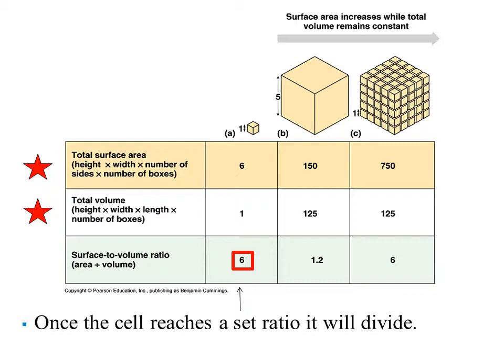So once the cell reaches this set threshold of 6, then it will divide. So if the cell wants to take up the same amount of space as cell B, it will just replicate until it has enough cells to make up that difference.